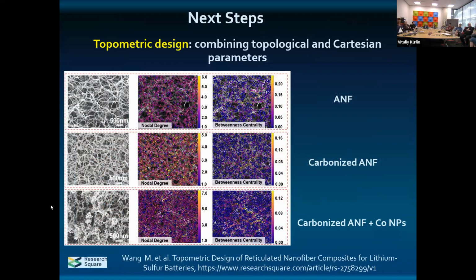So these are the last couple of slides. The problem of interconnection between the topological space and Cartesian space needs to be dealt with further. So it needs to be done for the properties, and the idea is, how do we code in not just the connectivity patterns, but also the physical properties of each individual fiber?